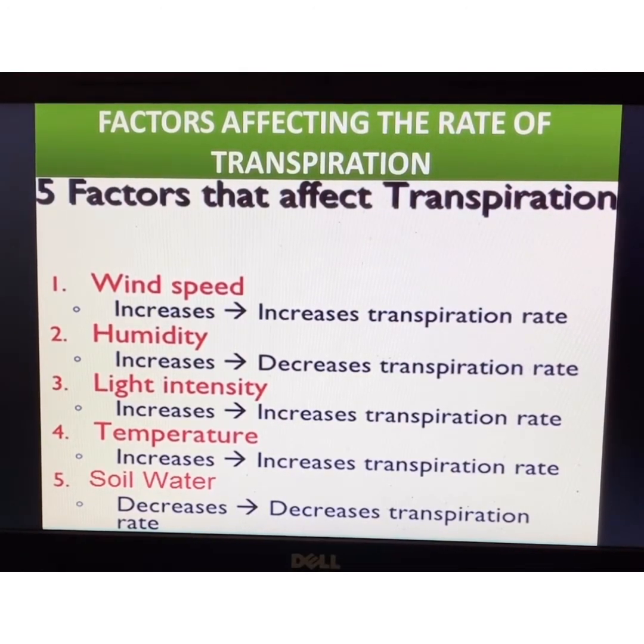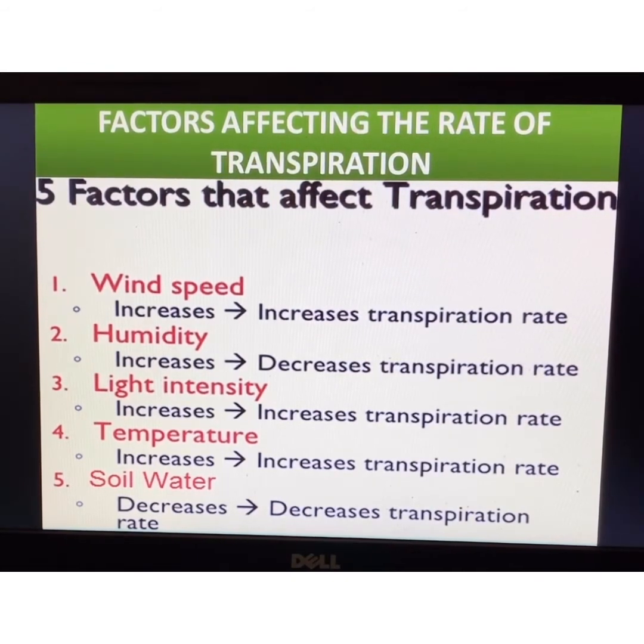Why? Because there is already a lot of water content in the atmosphere, so the transpiration will get reduced. Higher the humidity in the atmosphere, lower is the rate of transpiration, or it is inversely proportional.